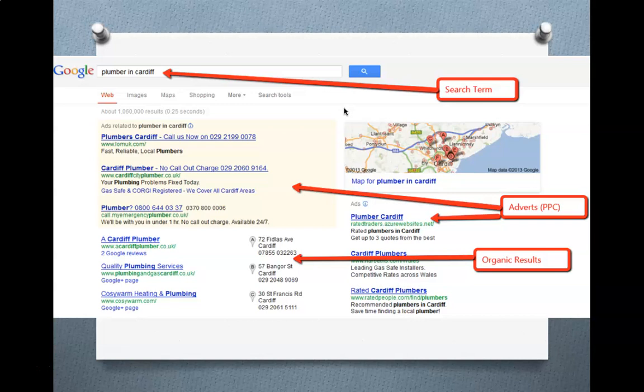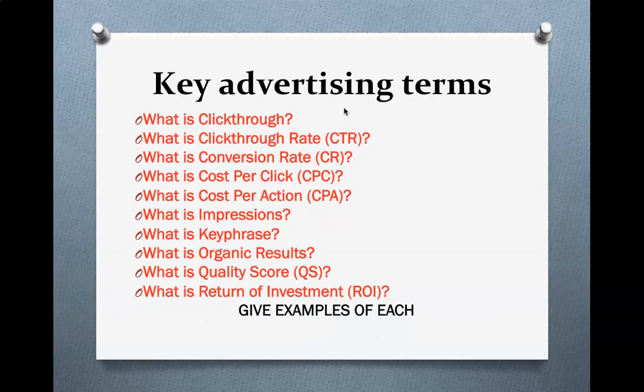So let's look at some terms in advertising, and we'll go through them in examples. What is click-through rate, conversion rate? You see a lot of these, CTR, CR, CPC, CPA, in digital marketing, and particularly in Google AdWords and Google Analytics.